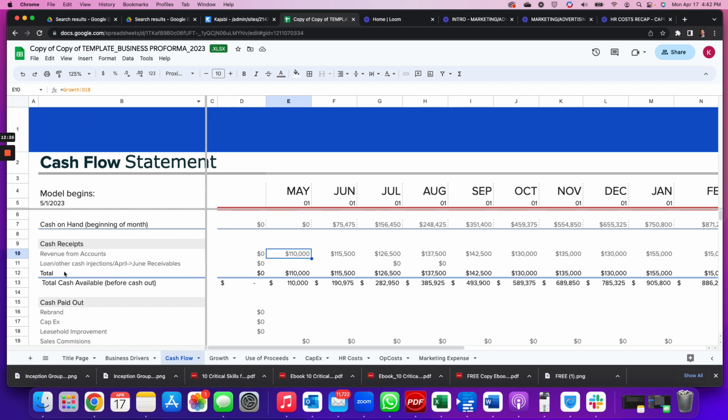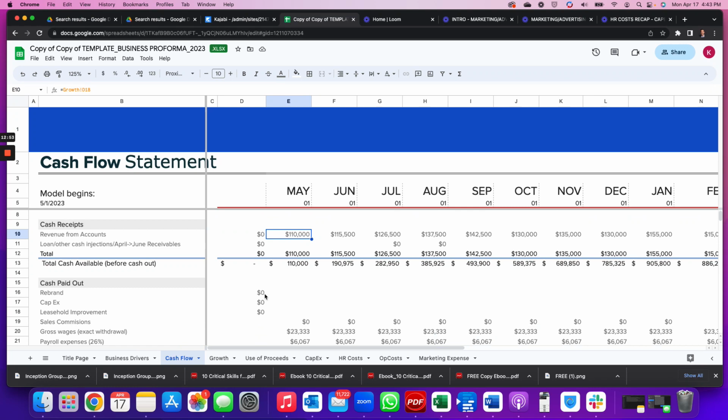Okay. And then we have this other option right here. We have loan from other cash injections, anything that you're anticipating as cash inflow that's not directly from sale of your product or service. You would insert that here. And then that total amount of cash available before our expenses would be found here.